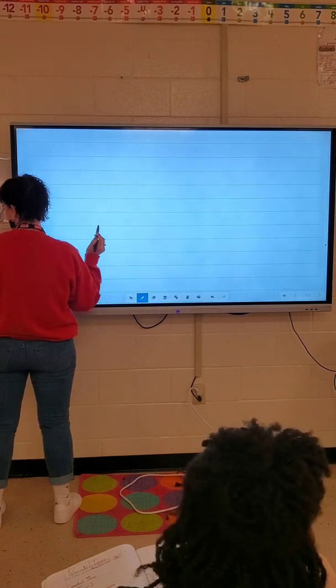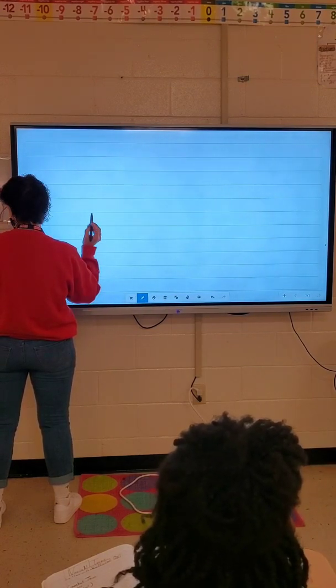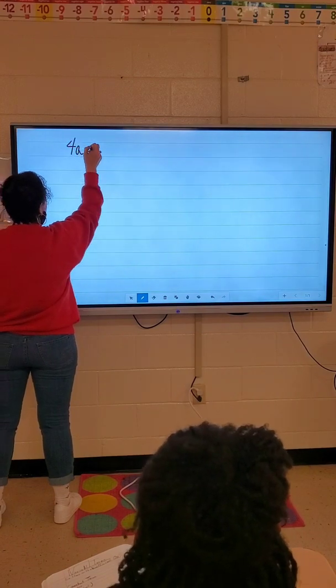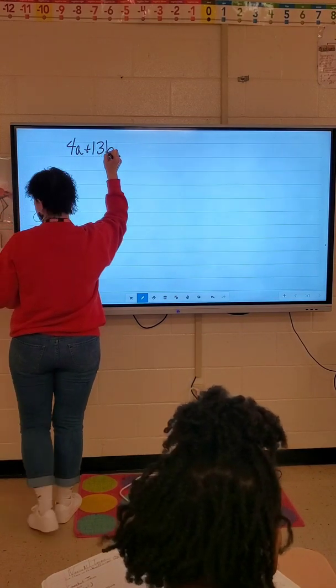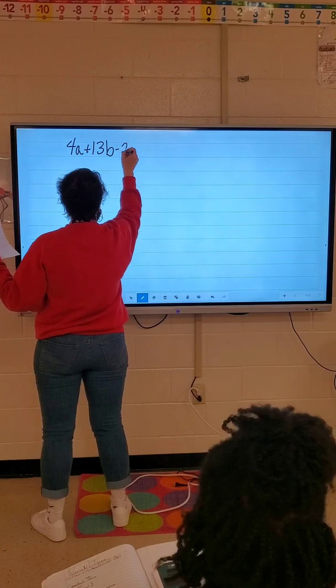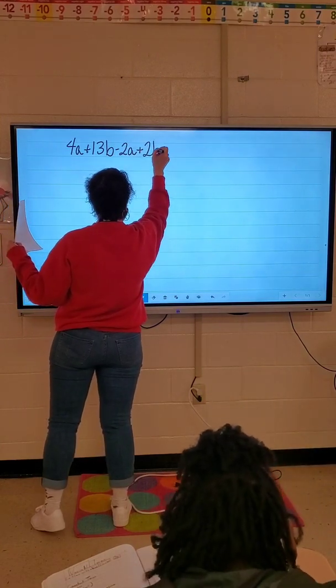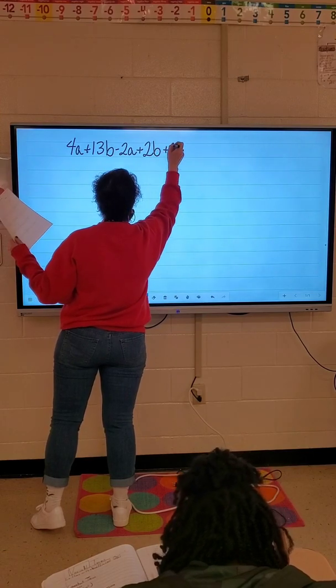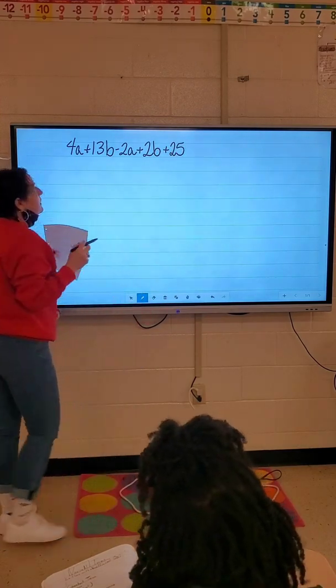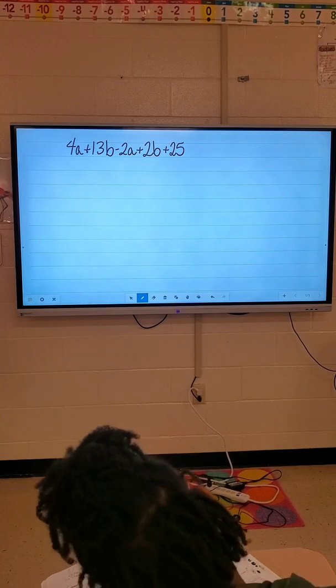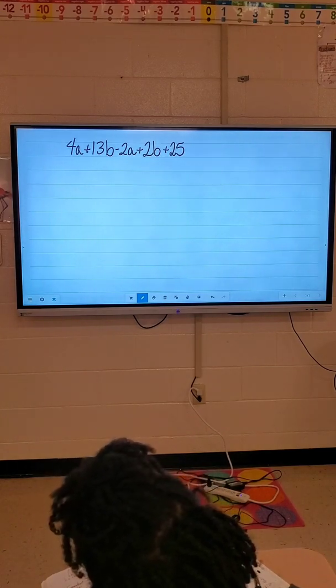All right. Number 18. 4a plus 13b minus 2a plus 2b plus 25. Now, this one has variables and constants.